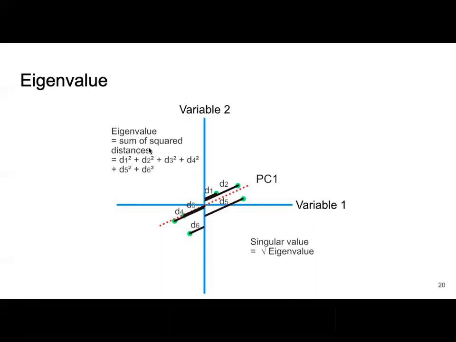This is the sum of squared distances between all of these points and the zero value of that variable. It's like an estimate of variance, and we're going to use it in another calculation in just a second. And then you would estimate an eigenvalue for all of the principal components that you have.